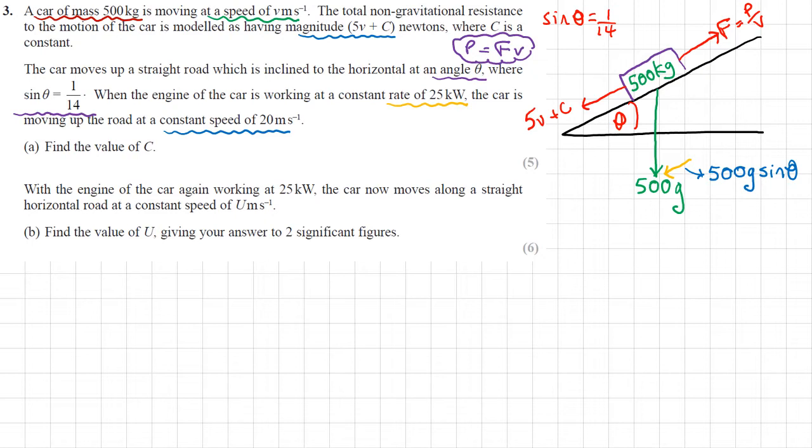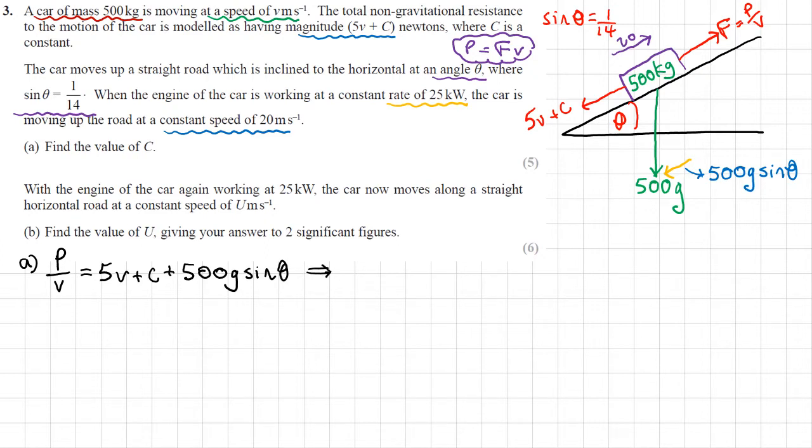And lastly, we'll put on the velocity that it's moving at, and that's 20. Because it's moving at a constant speed, the forces going up and down the slope are balanced, so the resultant force is 0. That helps me form my equation. The pulling force, P over v, the tractive force, is equal to the sum of the resistive forces, so that's the 5v plus c and the 500g sine theta.